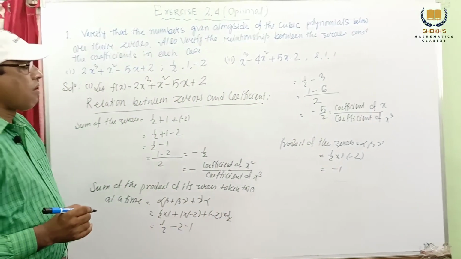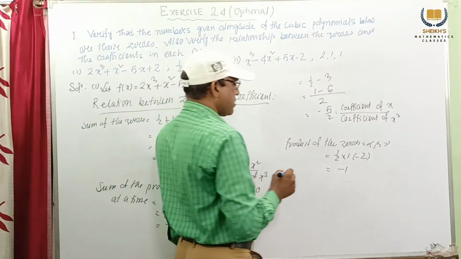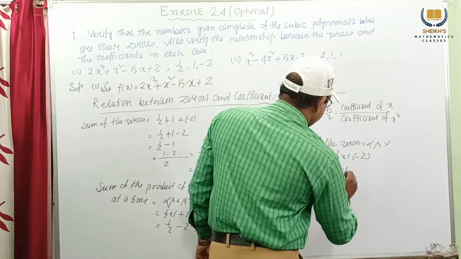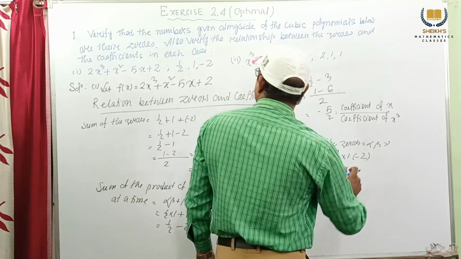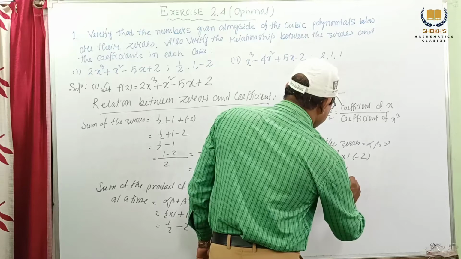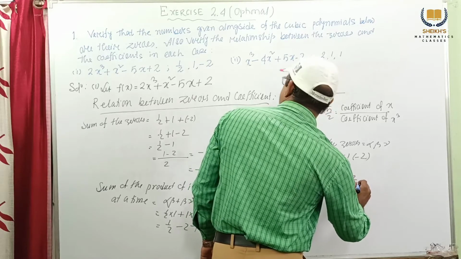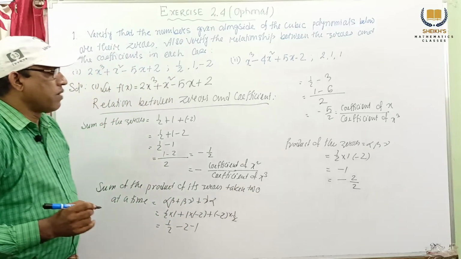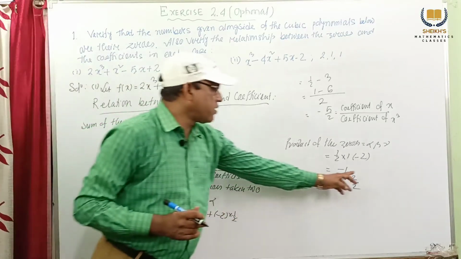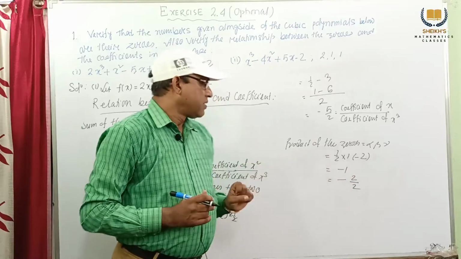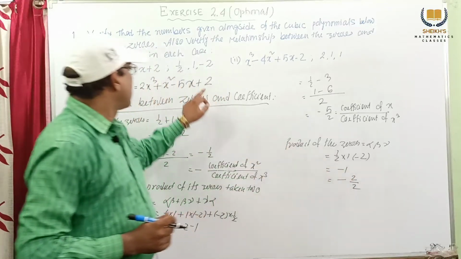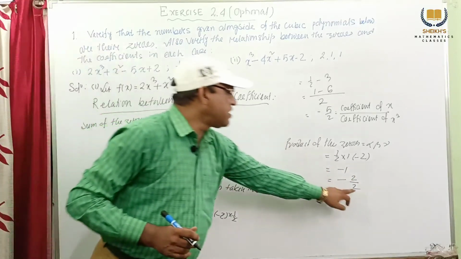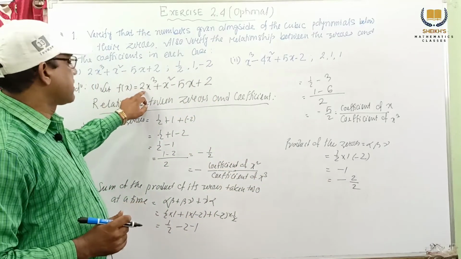Minus 1 we can write this way as minus 2 by 2. If we cancel 2 by 2, we get minus 1. So this 2 means the constant term, and this 2 means the coefficient of x cube.